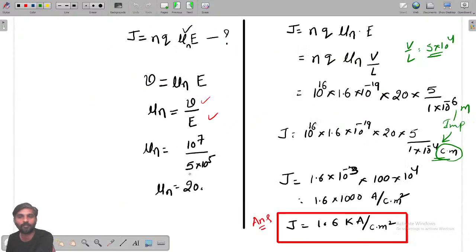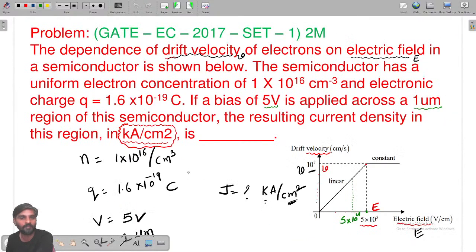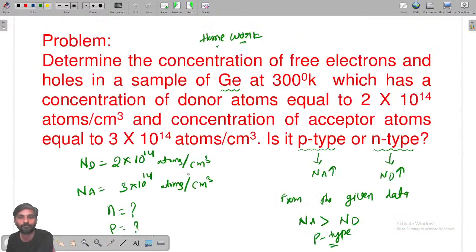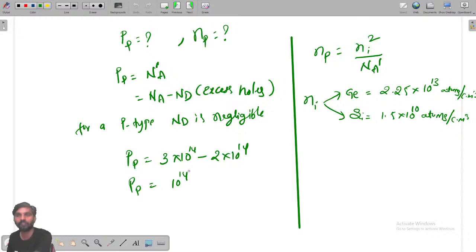In the first problem, did he give the concentration? No. We need it in this problem. So Np is going to be Ni square by NA dash. I wrote 2.25 by mistake; this is 2.5 into 10 to the power of 13.